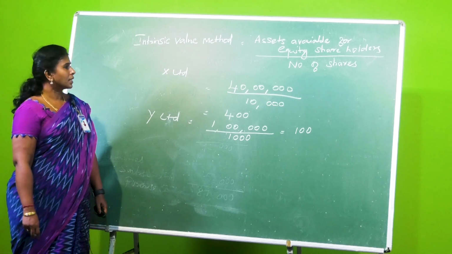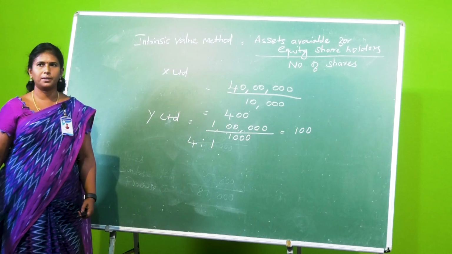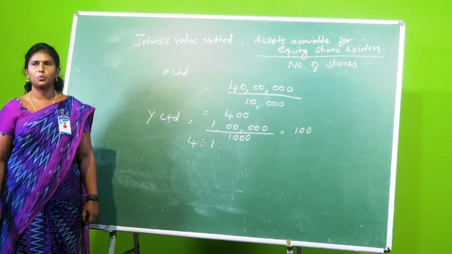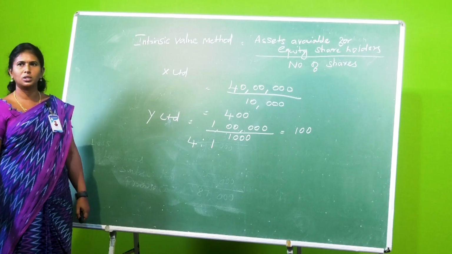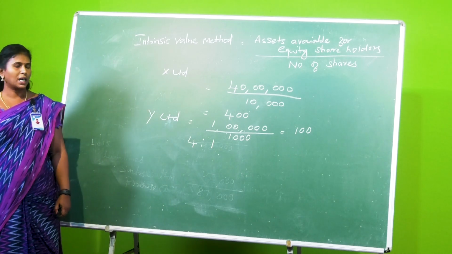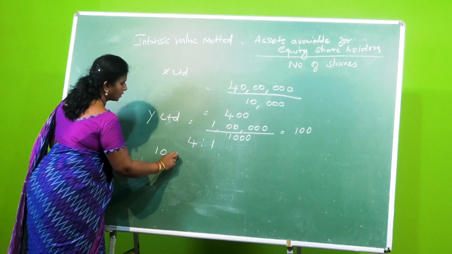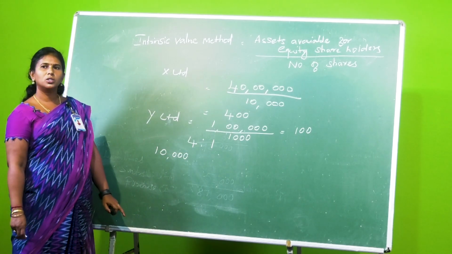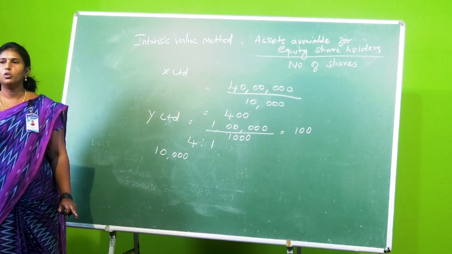So the ratio here is 4:1. How many shares are there in the selling company? 10,000 shares. So every one share is equal to 4 shares. It means the 10,000 shares in X Limited have to be issued at every one share equal to 4 shares.